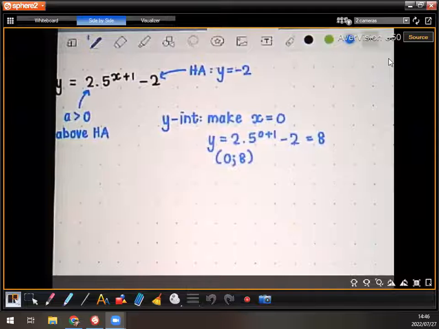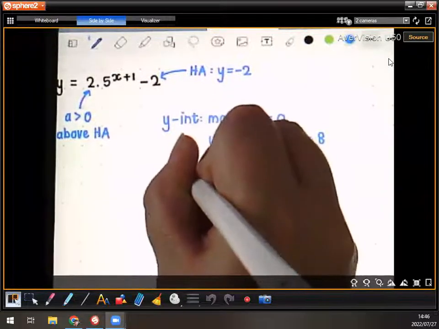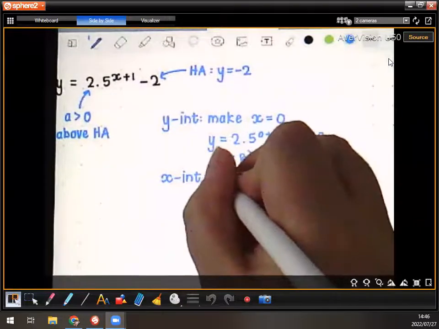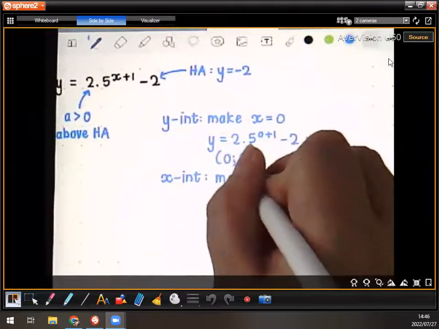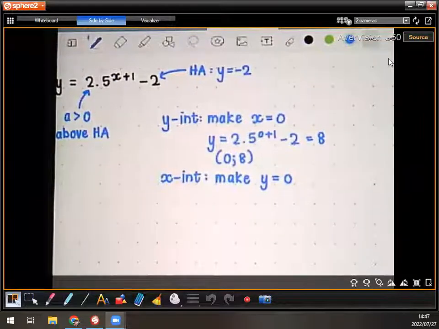Okay, X-intercept. For the X-intercept, we are going to make y equal to 0. Now guys, for the previous one, we didn't even do this because the x-axis was an asymptote.